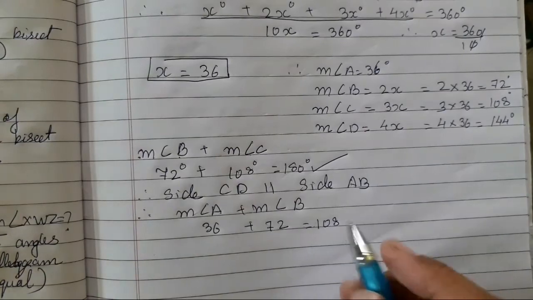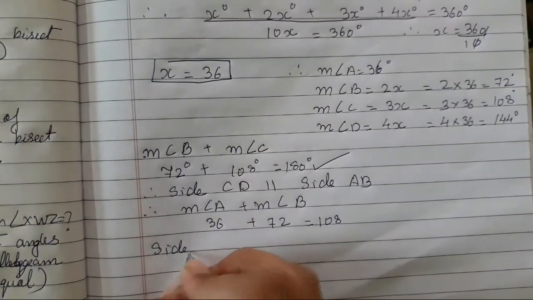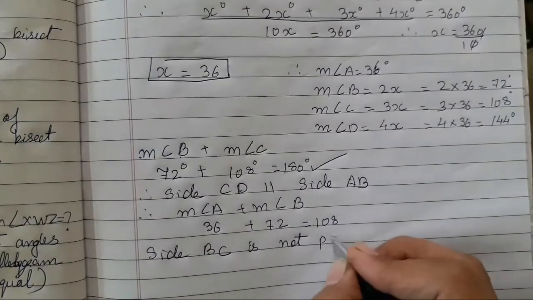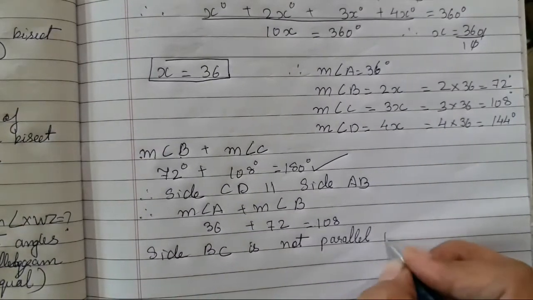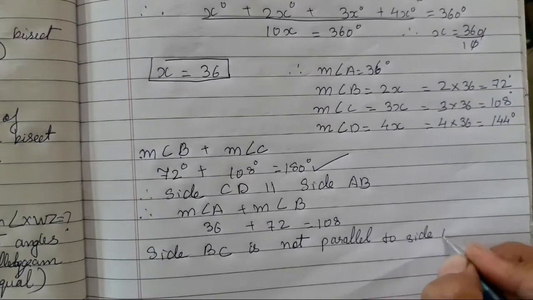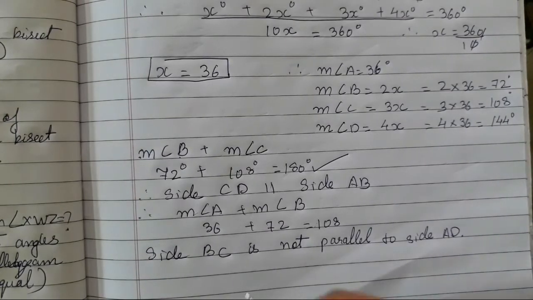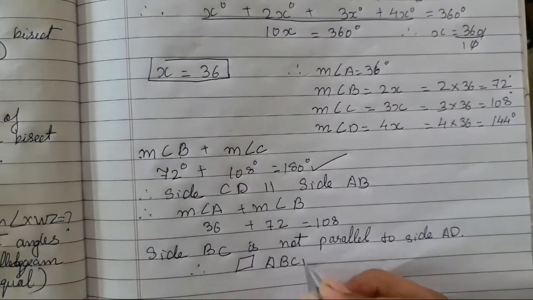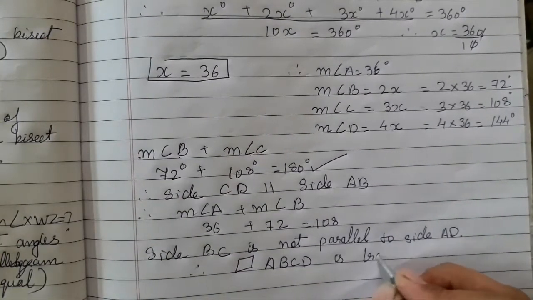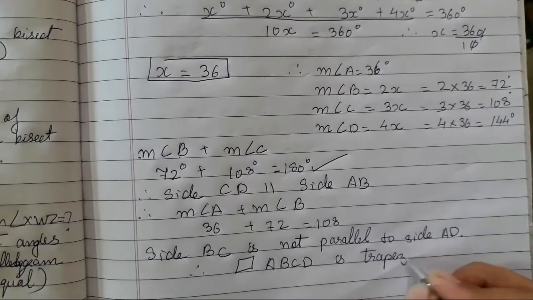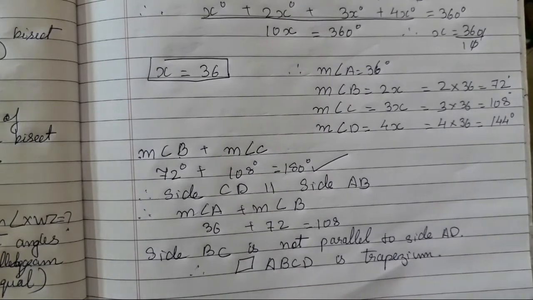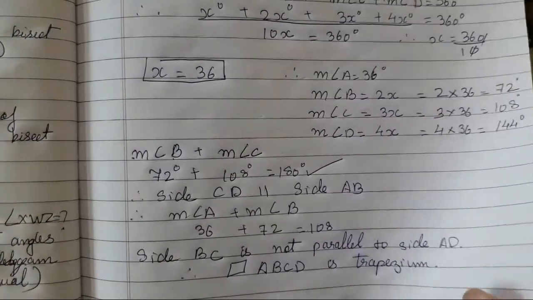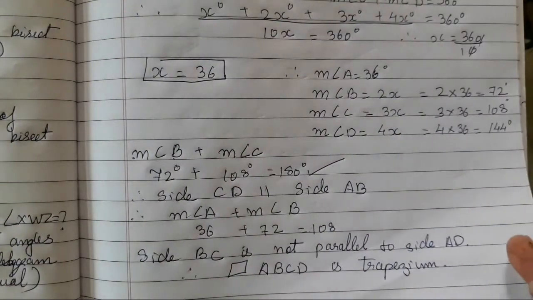So we can say that side BC is not parallel to side AD. Okay, therefore now what is quadrilateral ABCD? It is a trapezium. I hope you all have understood, children. It is very easy. All the questions that we have learned till date, we can do it in this question.